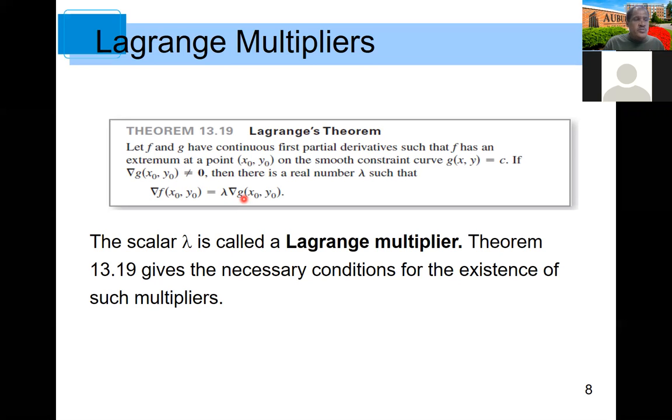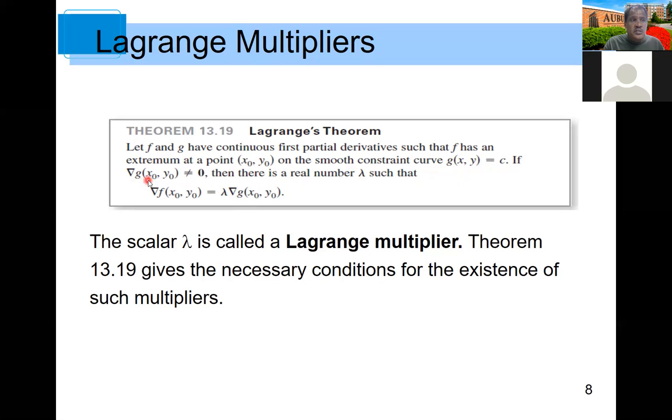This theorem, theorem 13.9, gives the necessary conditions for the existence of such multipliers. What are the necessary conditions? f and g must have continuous first partial derivatives, and f has an extremum at x naught, y naught on the smooth curve g of x y is equal to c. This is a constraint.